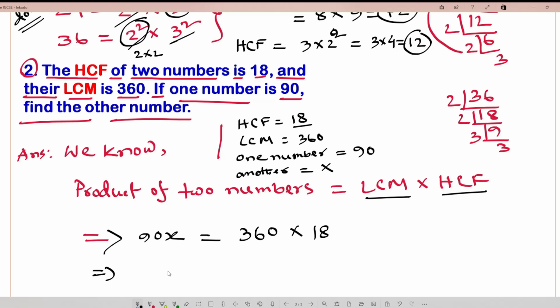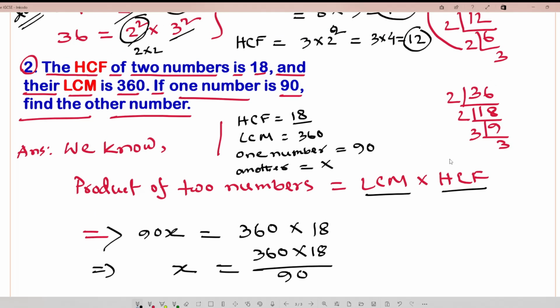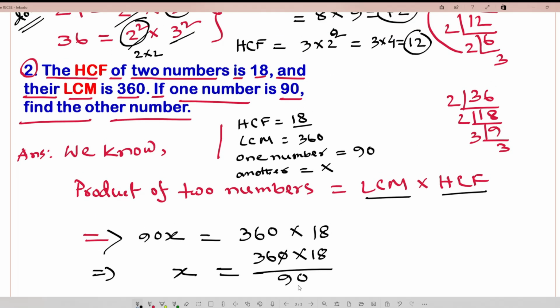Once we divide both sides by 90, here is X and here is 360 times 18 divided by 90. Now this one and this one cancel, and 18 divided by 9 means 2. So what will be the answer? Answer is 36 times 2, it means 72.